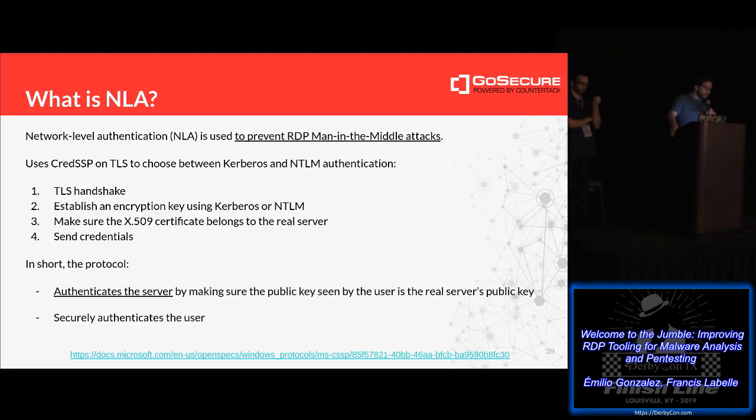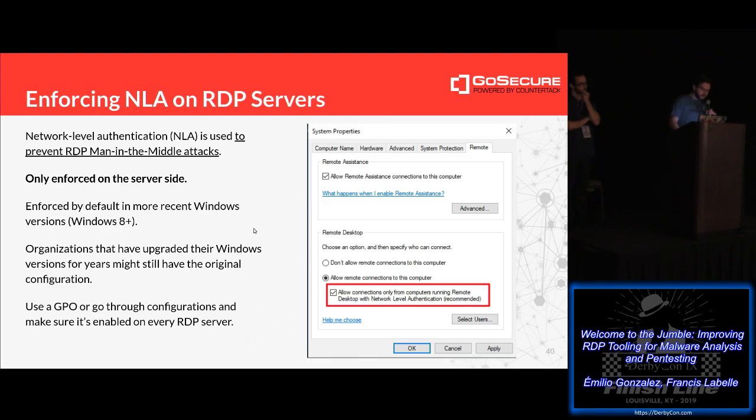The third step is to actually verify that the X509 certificate used in the TLS handshake actually belongs to the real server that is expected. I'm not going to go into details exactly, but essentially only after the server is authenticated does it send the credentials of the user. So you can see how this can prevent man-in-the-middle attacks, because obviously you don't have the real private key of the real server, so you can't decrypt that, so you can't fake any of these steps.